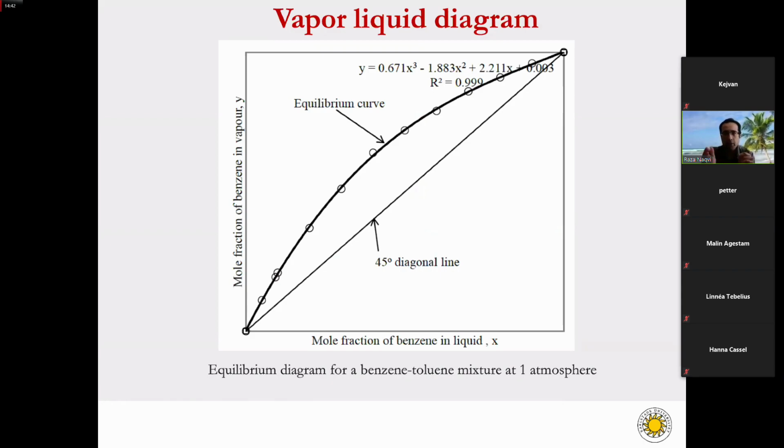So normally equilibrium data is given by experiments. So when you do problems in your assignment, you will be given equilibrium data, right? And then I will show you how you can calculate the number of stages later. So this is a vapor liquid diagram, a relationship between the mole fraction of one component in the liquid phase with the mole fraction of that component in the vapor phase.